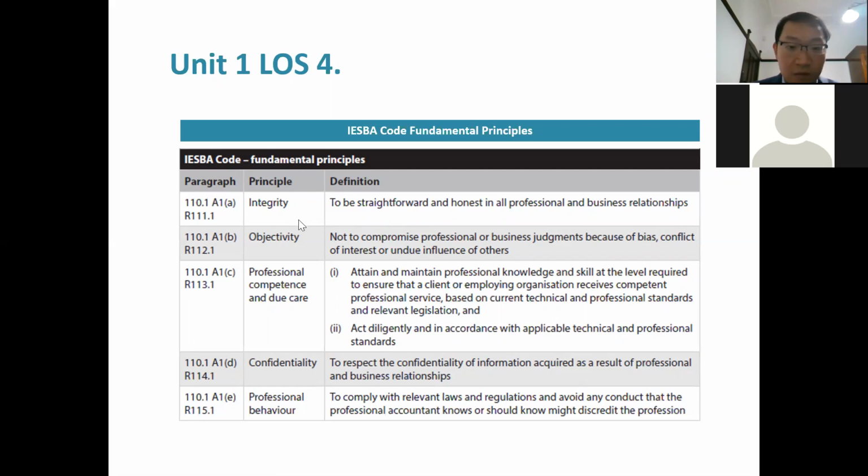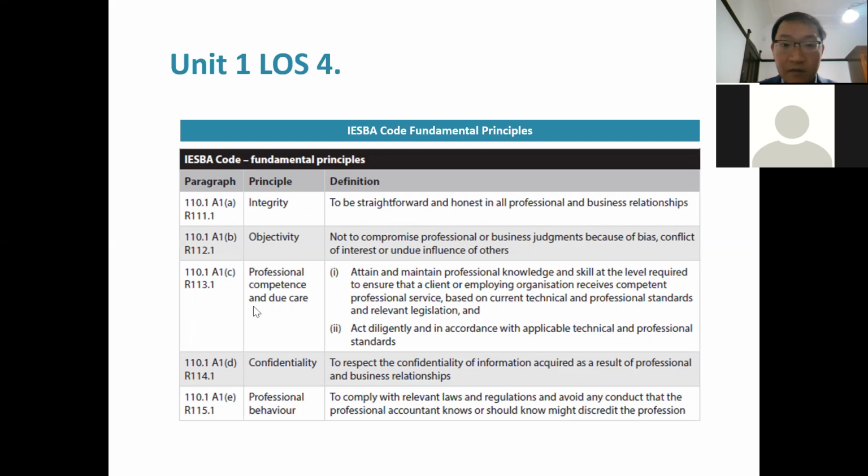The third one, which is fairly straightforward, is the fundamental principle of professional competence and due care. When we, as accountants, go out and meet clients, do work, or work on projects, we need to make sure that what we're doing is of a certain standard and quality. The key word around this third principle is technical ability, competence.